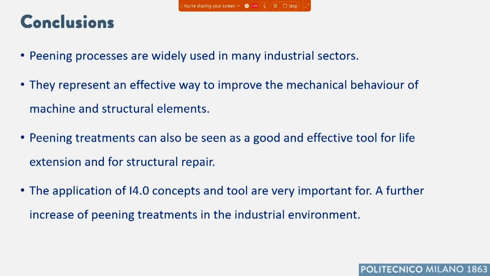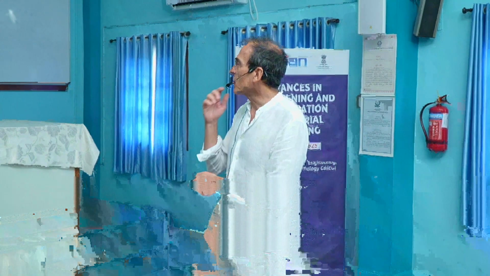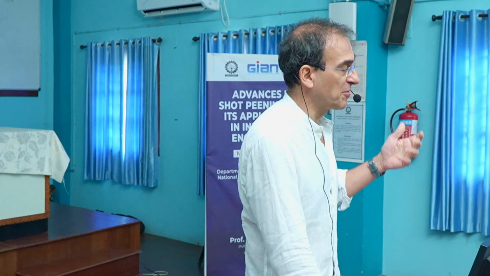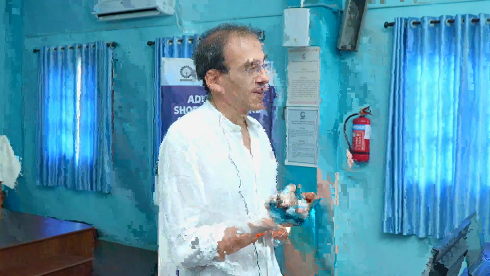Okay, we have arrived at the conclusion now. What can we say? In general, the peening processes present an effective way to improve the mechanical behavior of structural elements. Today, in view of making production more sustainable, we are trying to extend the design life of components and of the system.